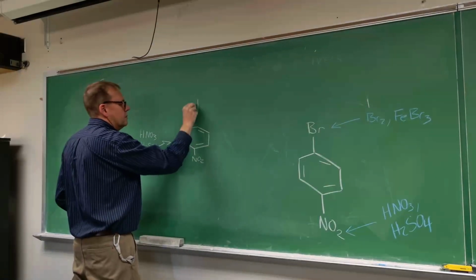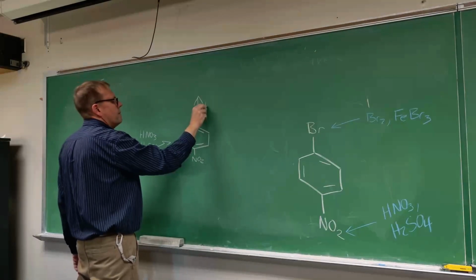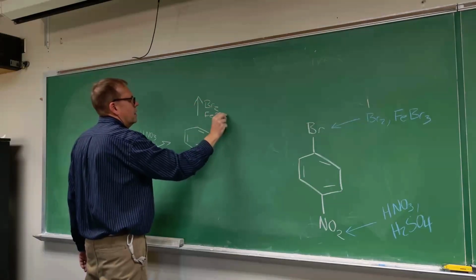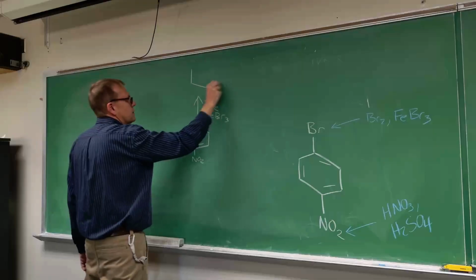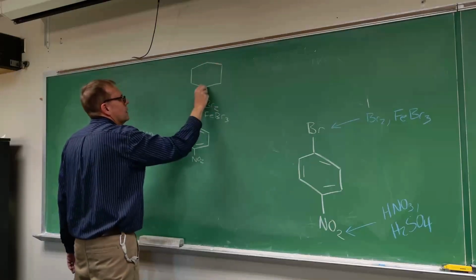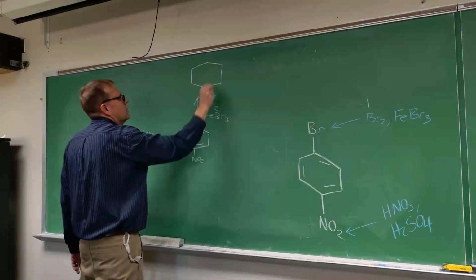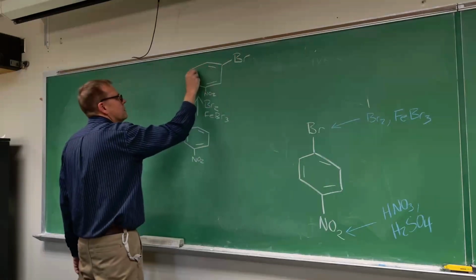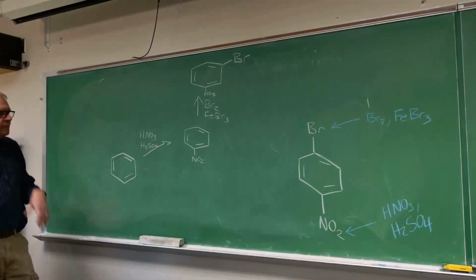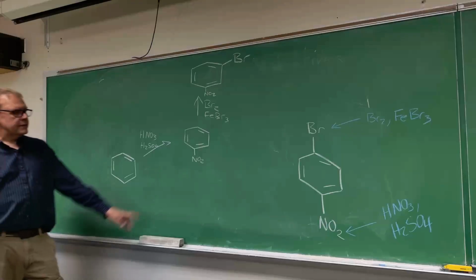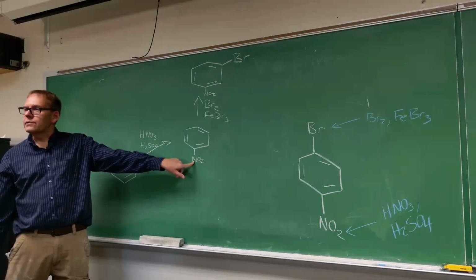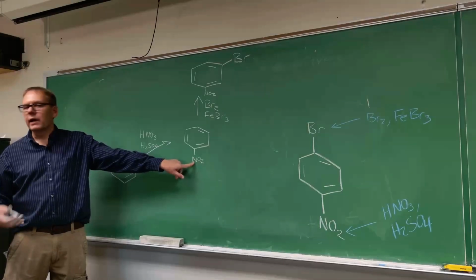You get the meta substituted product. Nitro and bromine are not where you want them to be relative to each other. That's because you put the meta director on first, and then the second reaction gives a meta product.